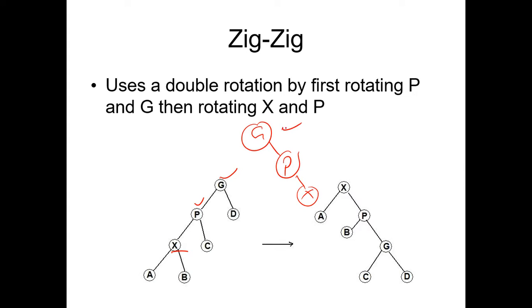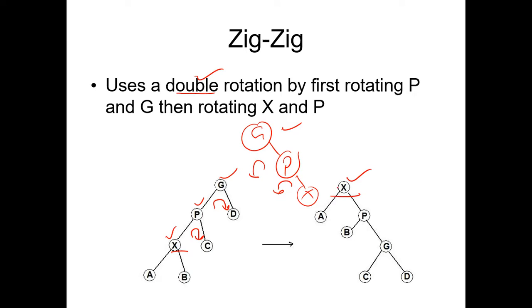Either this could be or that could be. In both situations, you say it is zig zig. In that also, you will be applying double rotations. Here you apply a right rotation on its parent, and again a right rotation, two right rotations. Similarly, here also two left rotations, so that X is brought onto the root.